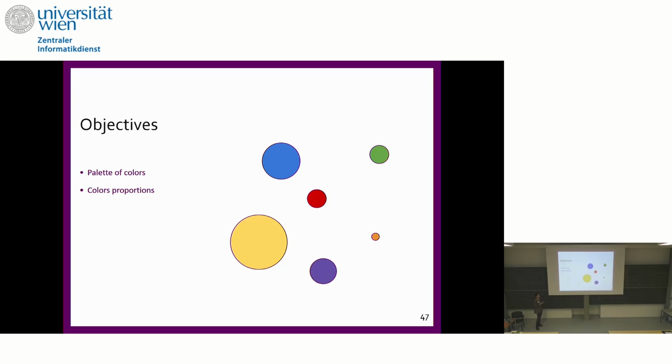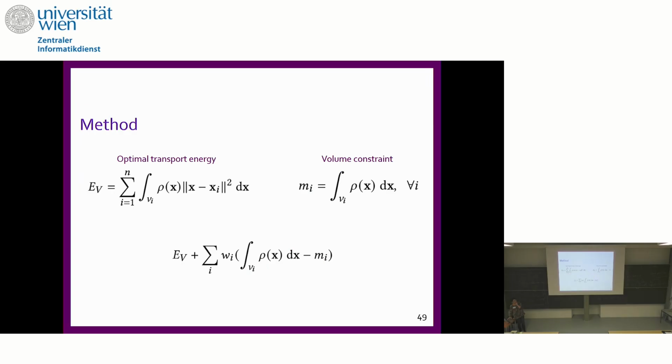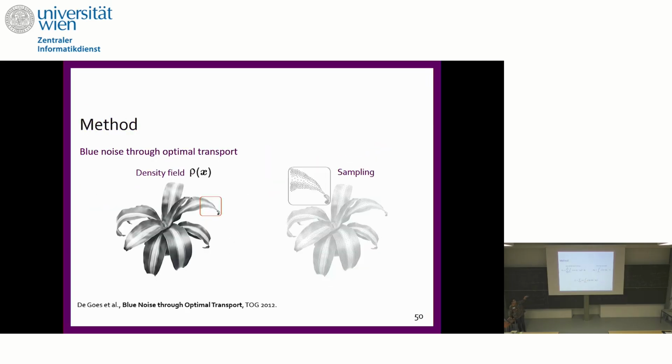For example, he or she can provide the proportion of colors that is needed for this pattern. Based on that, and probably some information about the neighborhood between the colors in the texture, we can use the same machinery to do what?